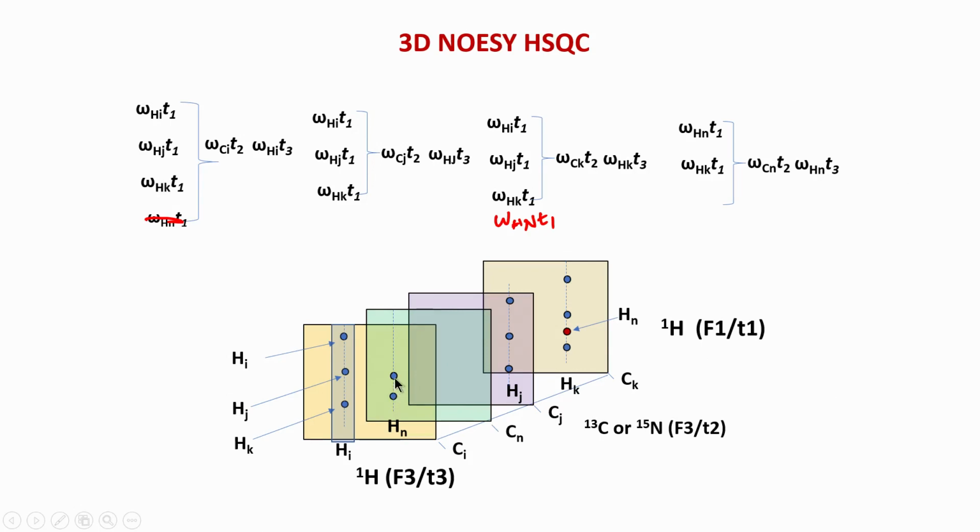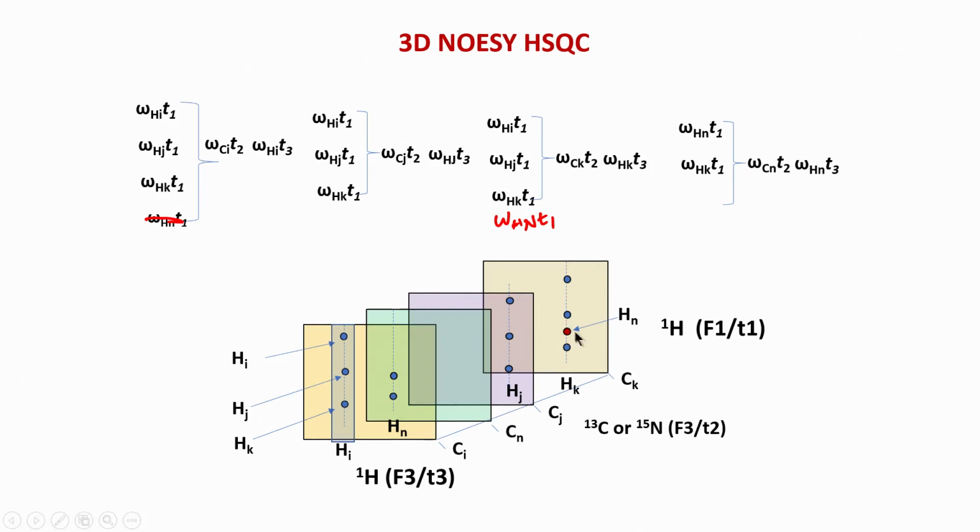One of them is Hk and one of them is Hn. The one which is Hn here will be called a diagonal peak, because it repeats Hn here plus Hn along this axis. So it becomes a double diagonal peak. It is repeated two times, so it is a diagonal peak.